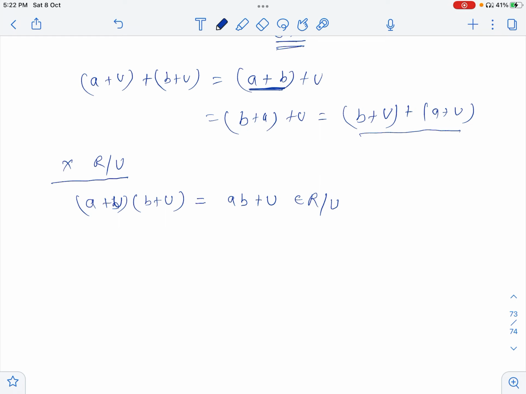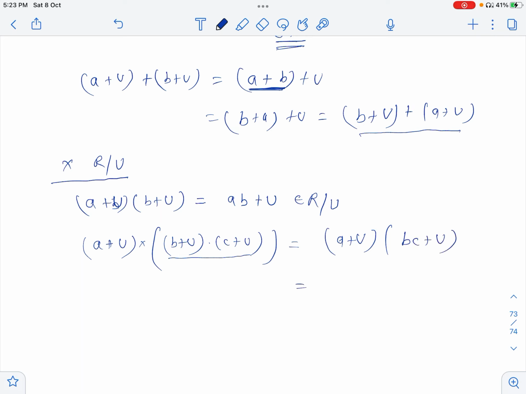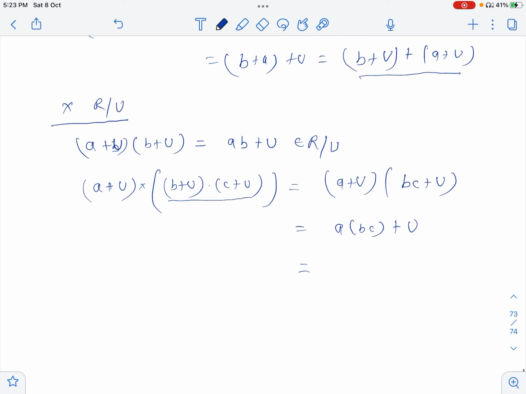Now we need to prove that it is associative also. For that we need three elements of R mod U, that is (a plus U) multiplied with ((b plus U) into (c plus U)), which is equal to, let us operate first within the bracket, (a plus U) multiplied with (bc plus U), which is equal to abc plus U. So this can be written as abc plus U, which is equal to (ab plus U) multiplied with (c plus U).